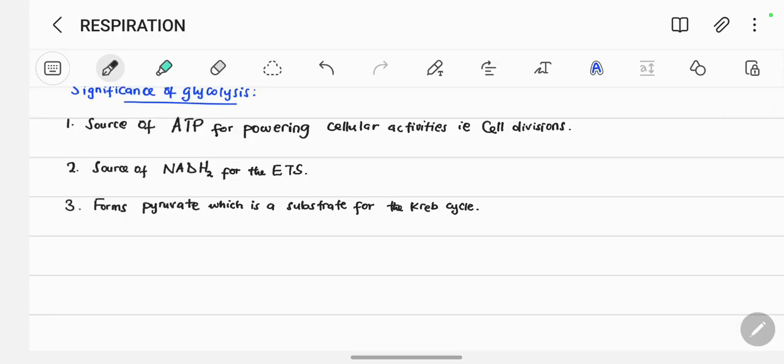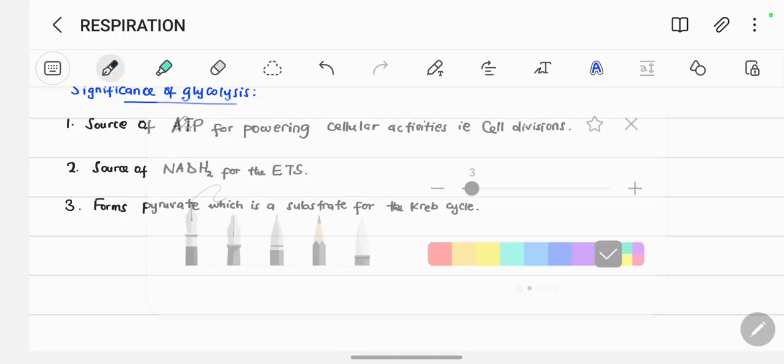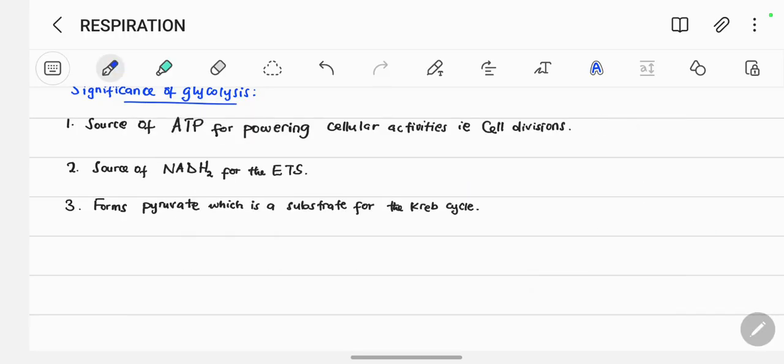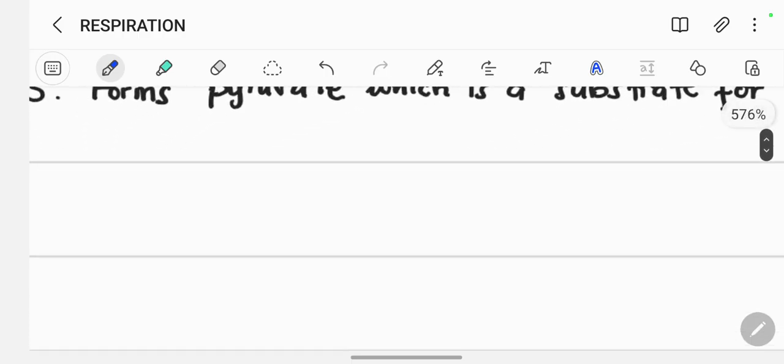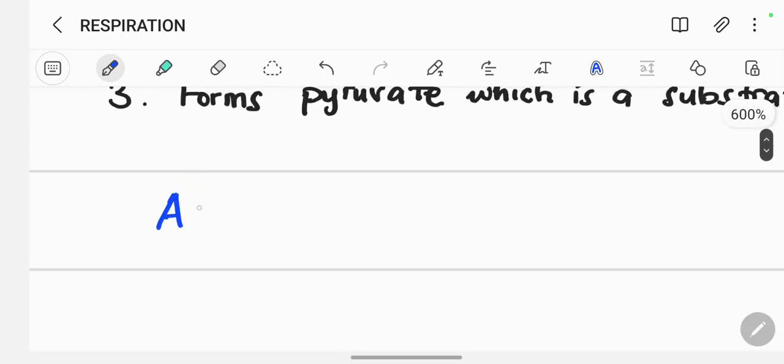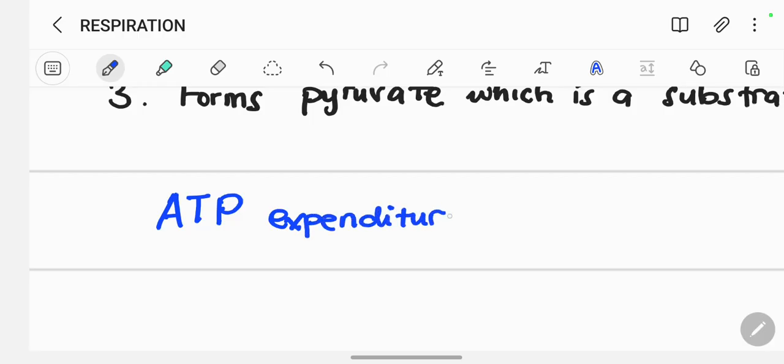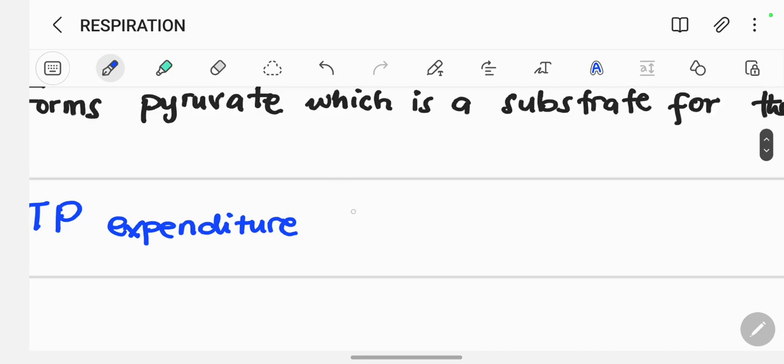Now we have to count the ATP expenditure and production.